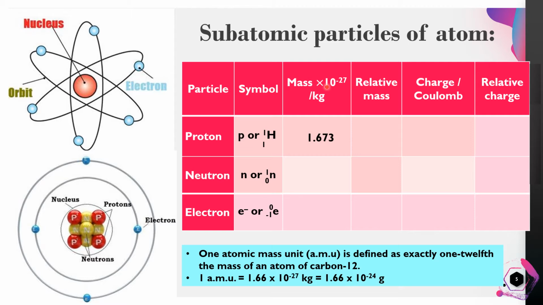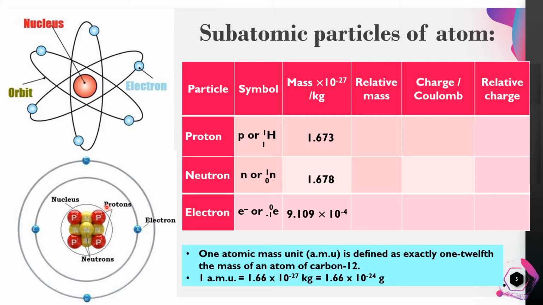The mass of a proton is 1.673 times 10 to the power of negative 27 kilograms. Neutron is around the same, 1.678 times 10 to the power of negative 27. Electron is 9.109 times 10 to the power of negative 31 kilograms.